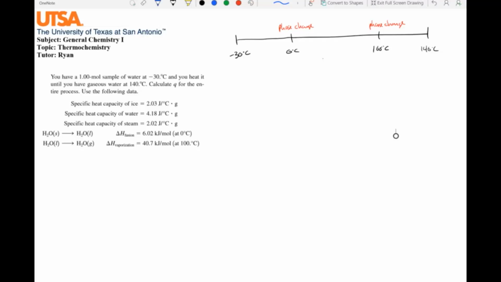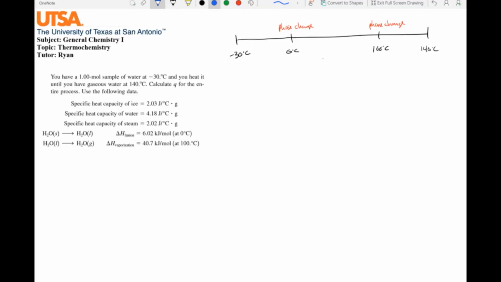And today we're going to be looking at a general chemistry 1 problem, the topic being thermochemistry. After you read the problem statement, you know that the sample of water is going to be going from negative 30 degrees Celsius all the way to 140. At negative 30, it's not going to be water, it's going to be ice, so it's in solid form.